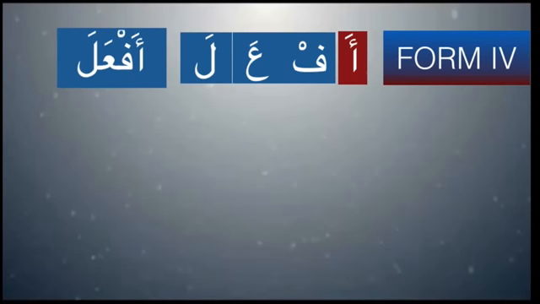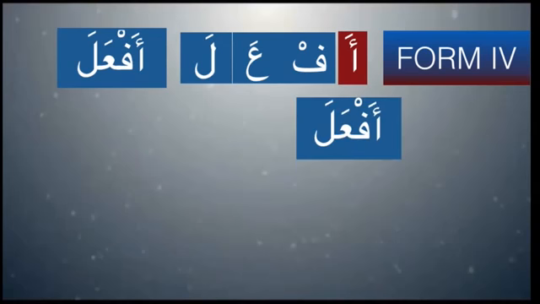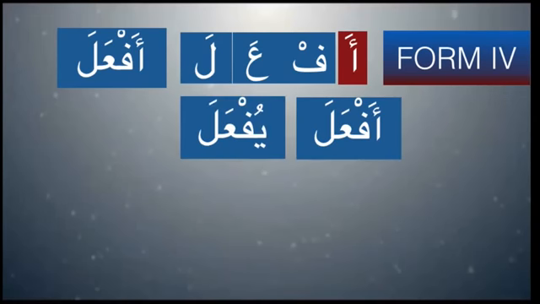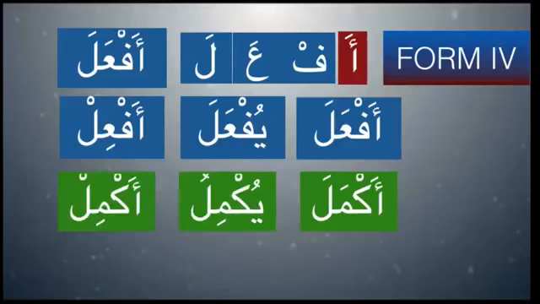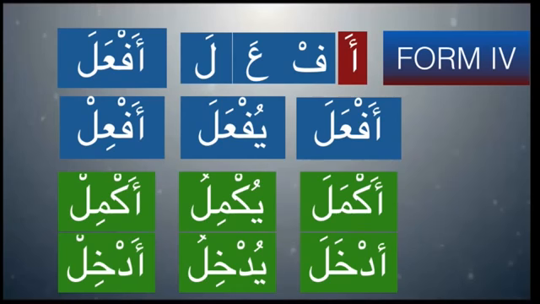In the regular form of the verb, it will be af'ala. The mudari', how it's formed, the hamza is dropped and becomes yuf'ilu. There's a typo here, it is yuf'ilu, and the amr will be af'il. If I give some examples: akmala, yukmilu, akmil, and adkhala, yudkhilu, adkhil.